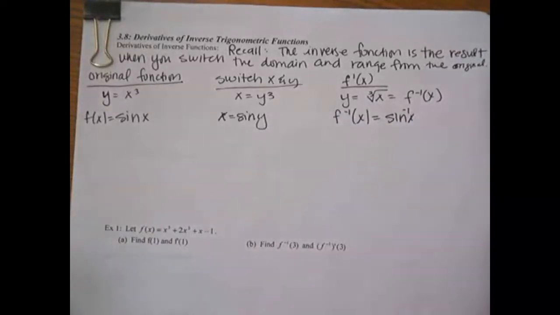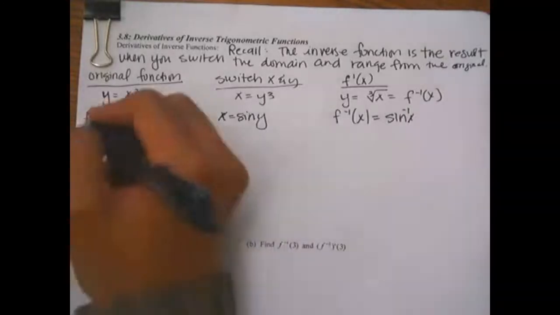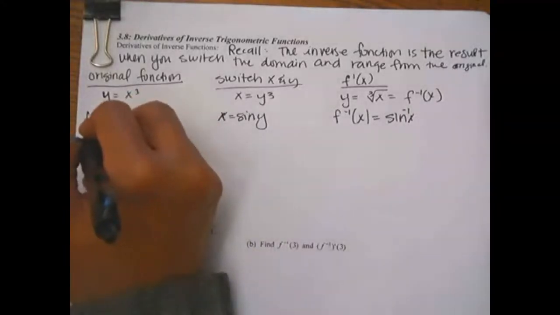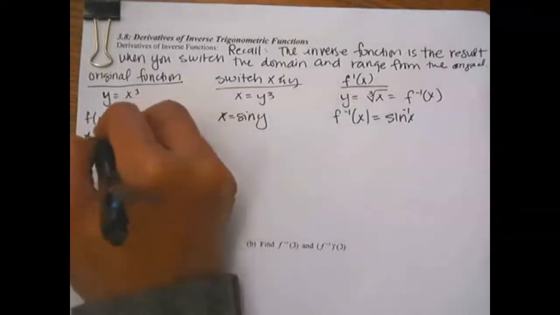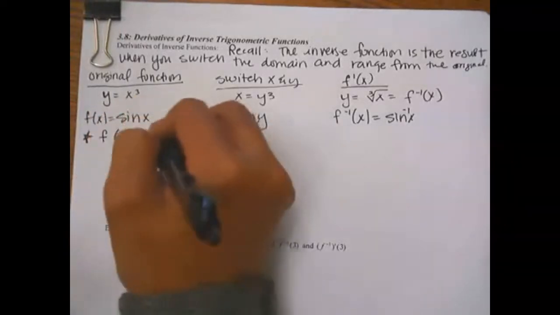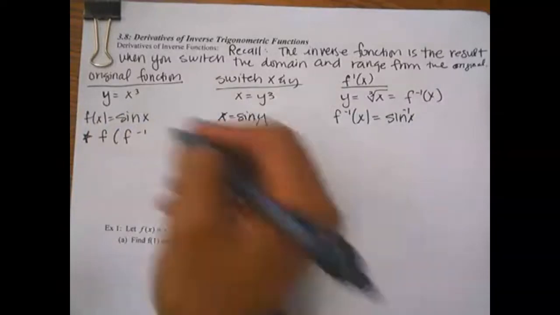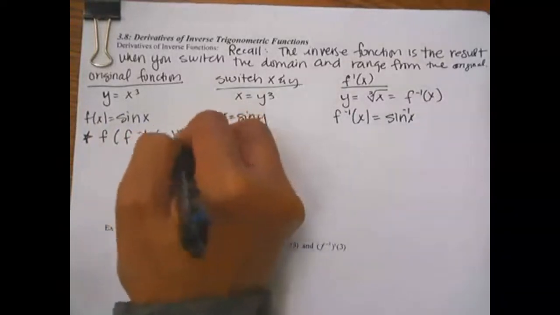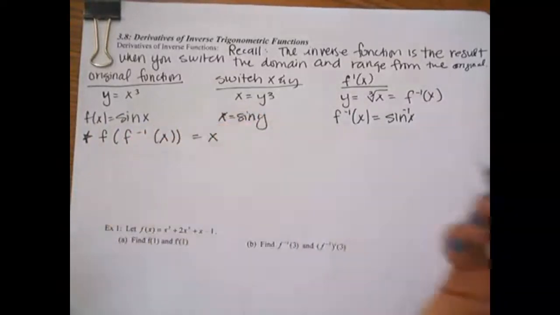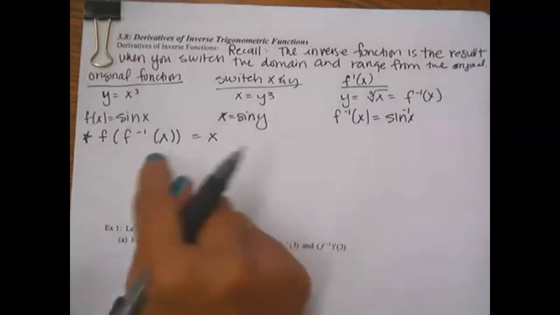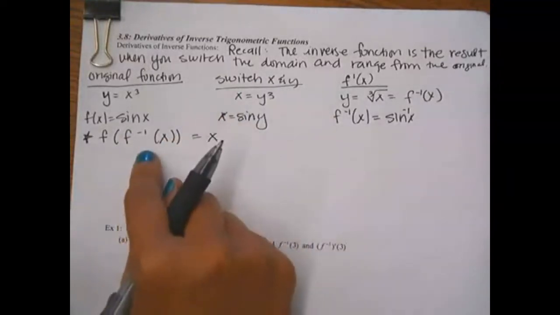So what if I want to compose the inverse with the regular? Star number one, let's compose f with f inverse. When I compose f with f inverse, it should come out to be x always, as we remember from the unit in first semester.